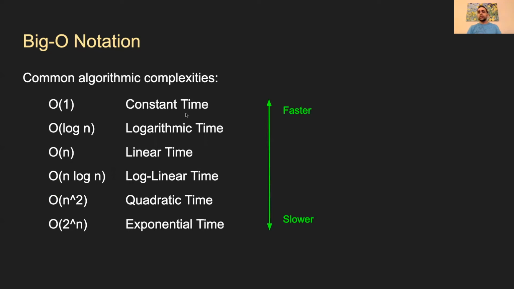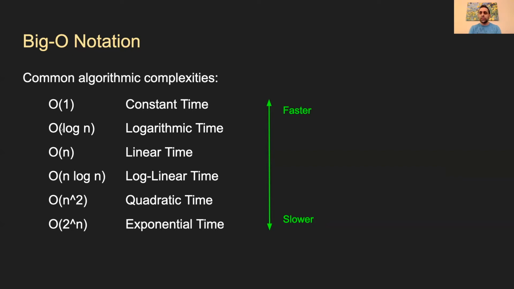All right, so let's look at some big O notations and some common algorithmic complexities. I have a few listed here. I just want to note that these aren't all the types; there are theoretically infinite permutations, but these are the most common that you'll come across. To start, you might see O of 1, which is known as constant time complexity. This means that regardless of your input, your time complexity won't change.